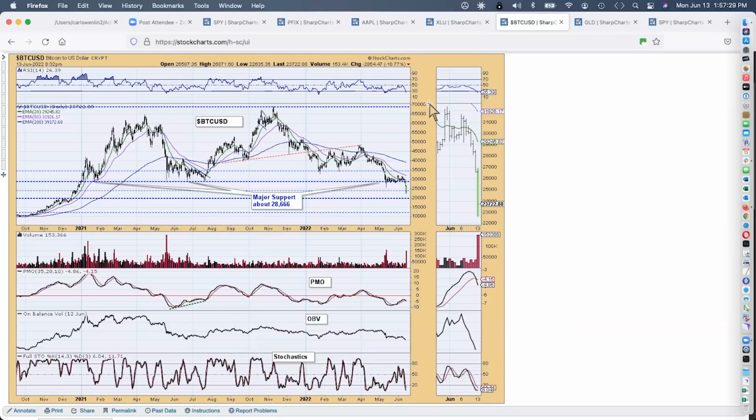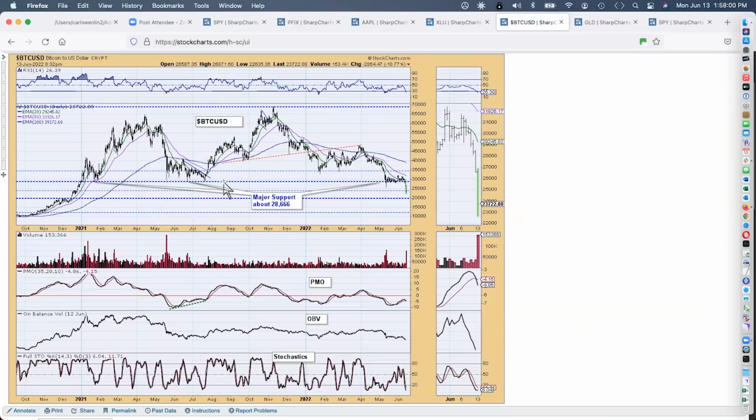Now, I remember, and I mentioned it in the trading room this morning, that early on you were talking about the big double top or head and shoulders. And I remember you telling people that you could actually see Bitcoin moving down to that 10,000 or 15,000 level. And I just remember everybody thought you were so crazy at the time. But now you're looking pretty smart, as I already know you are.